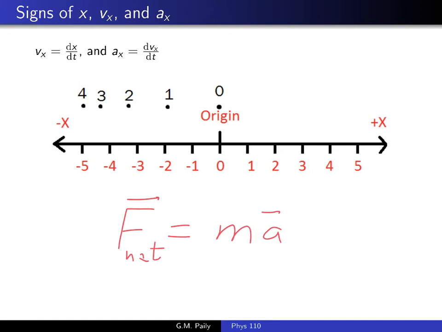If the force points to the left, so does the acceleration. You can imagine that as this particle moves to the left, since the gaps are getting smaller and smaller, there must be a force pushing on it, which points to the right. Since the force points to the right, so does the acceleration. And since the right is the positive x direction, that means a_x is positive.